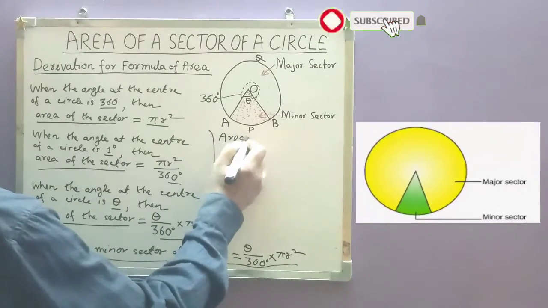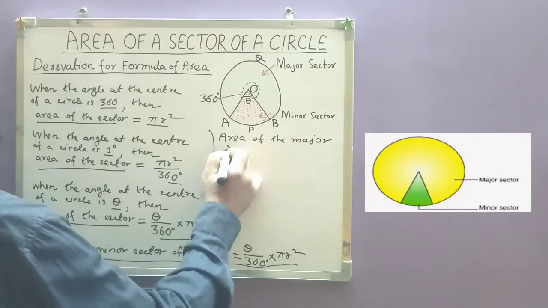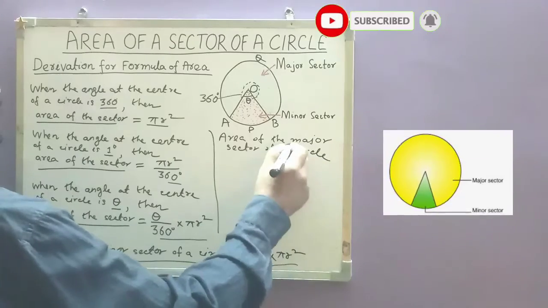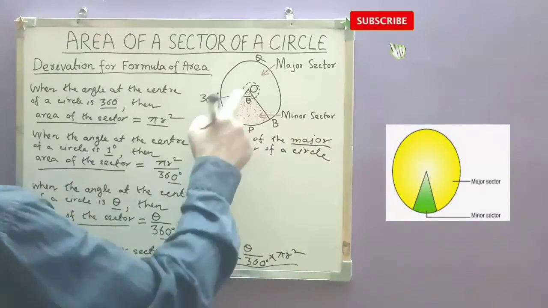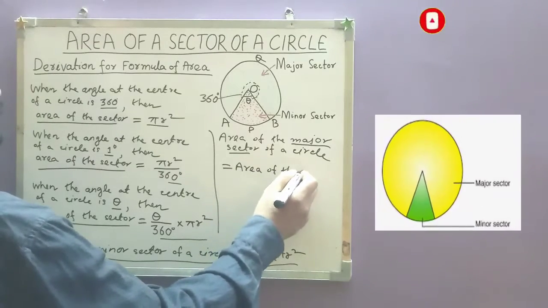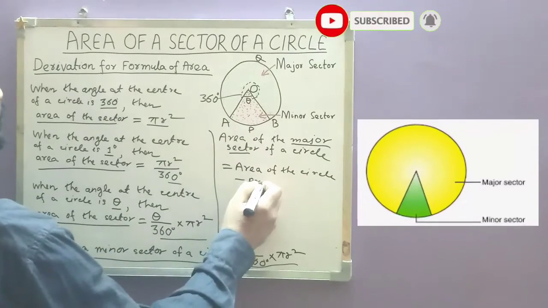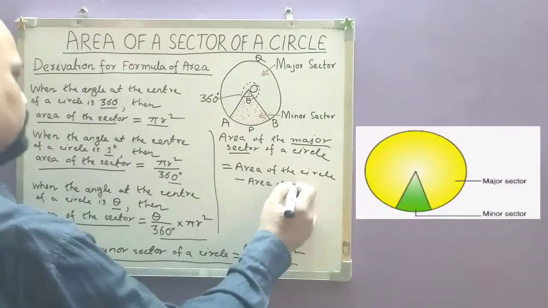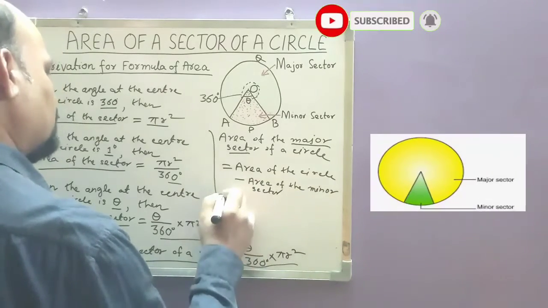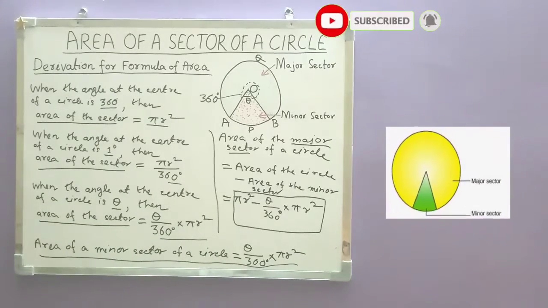Now, area of a major sector of a circle is equal to area of the circle minus area of a minor sector of the circle. That is equal to pi r square minus theta upon 360 multiplied by pi r square.